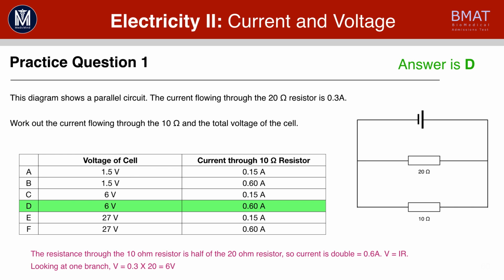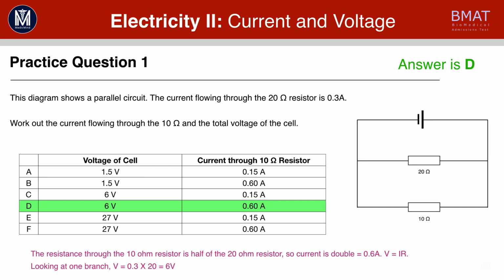We know the current and the resistance for the first branch, which has the 20 ohm resistor. We can use the equation voltage equals current times resistance. We know that the current is 0.3 amps in the first branch and the resistance is 20 ohms. So therefore, voltage will be 0.3 times 20, which is 6 volts. Straight away, we can knock out A, B, E, and F.